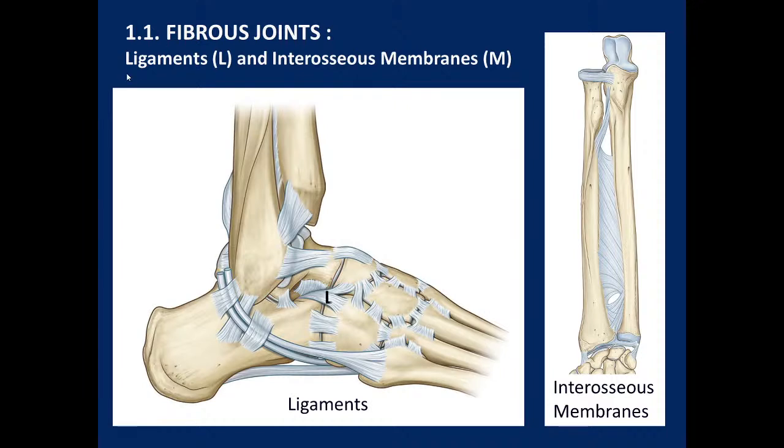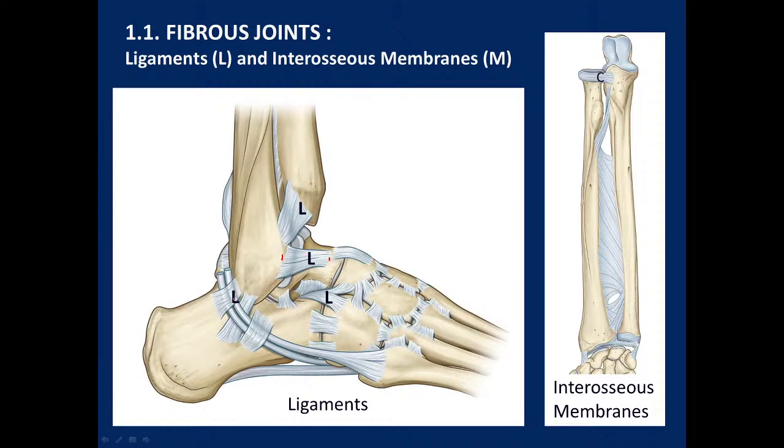You see here a ligament. These are bundles of connective tissue starting from one bone to another bone. And usually these joints, I mean ligaments, fix bones all together.